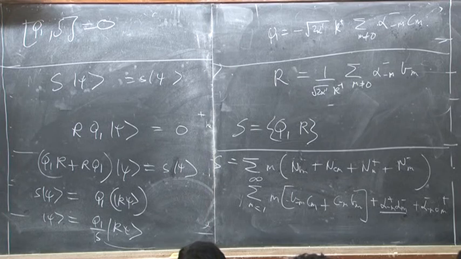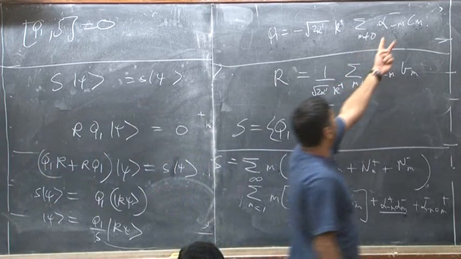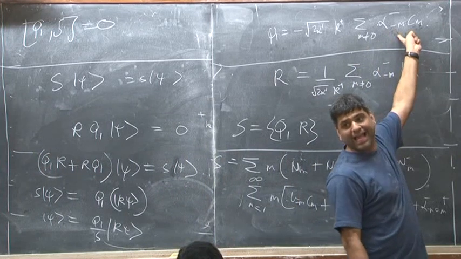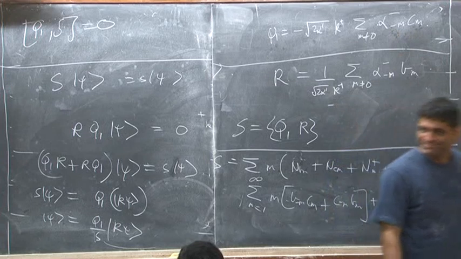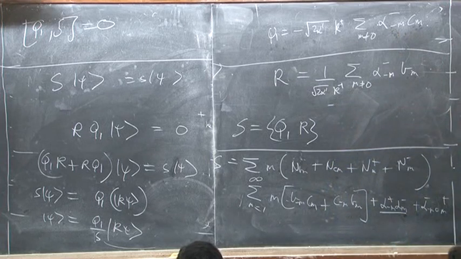Okay? But if you have none of these oscillators, then clearly every term here annihilates the state, because one of these two is always a destruction. And therefore Q1 annihilates all states at S equals 0. Clear?